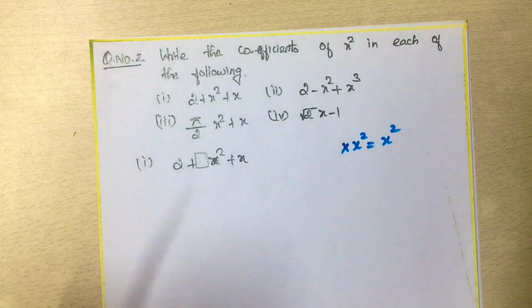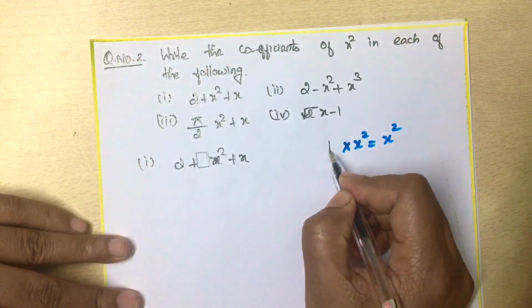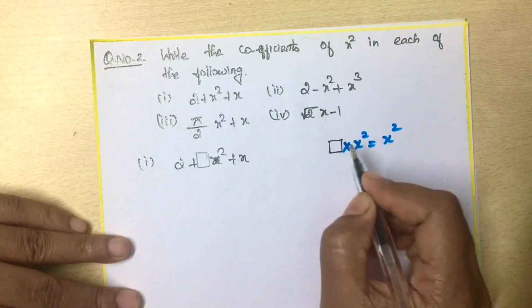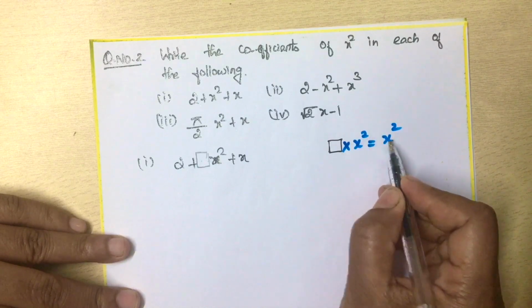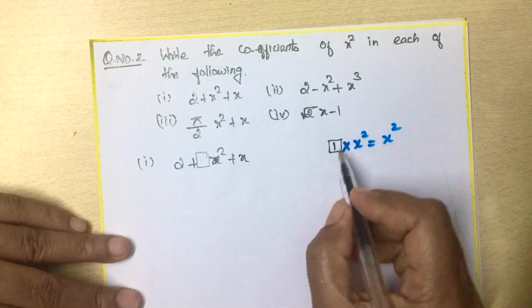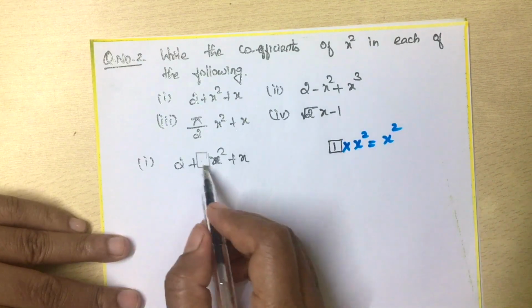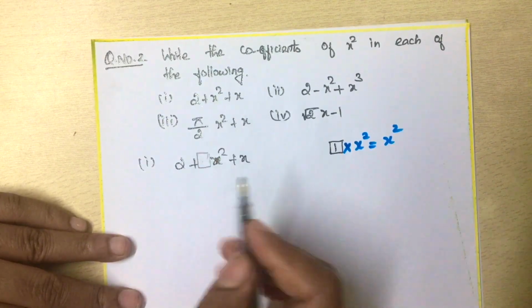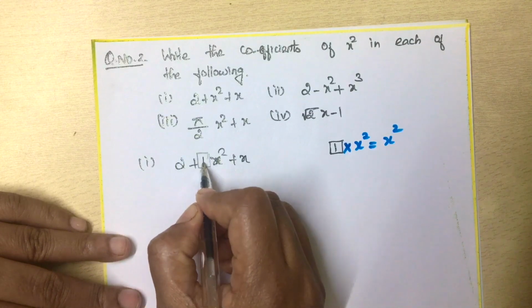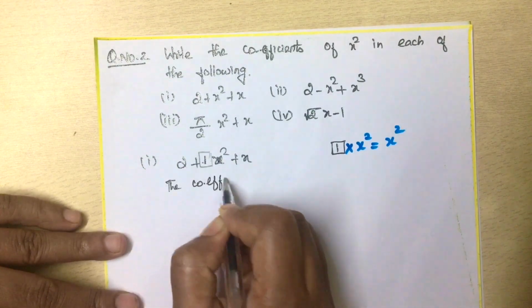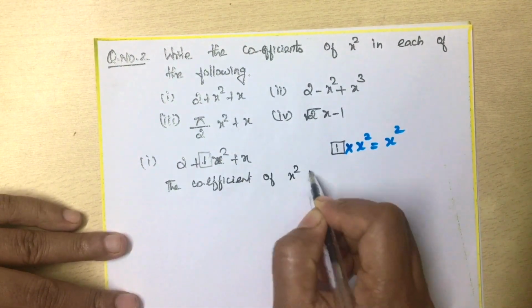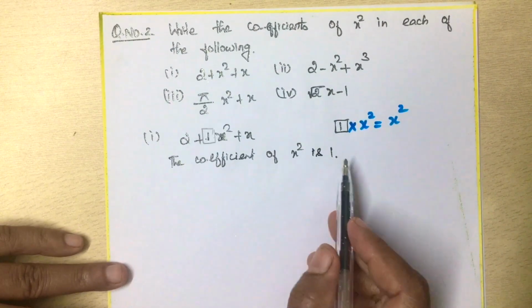So what should be multiplied here? Always remember, 1 into any number is that number. That is, if it is not mentioned, what is the meaning? The constant here is 1. Now what is the coefficient of x square? Coefficient of x square is 1.